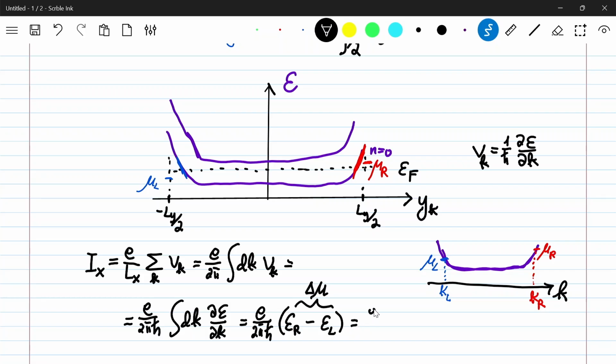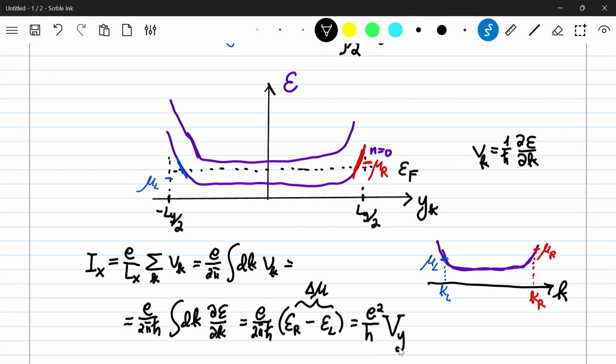Let us plug it in. First we have a factor of E over h, since 2 pi h bar is just h. And what is delta mu? It's just E times the voltage. So it's E square, another factor of E, times Vy.